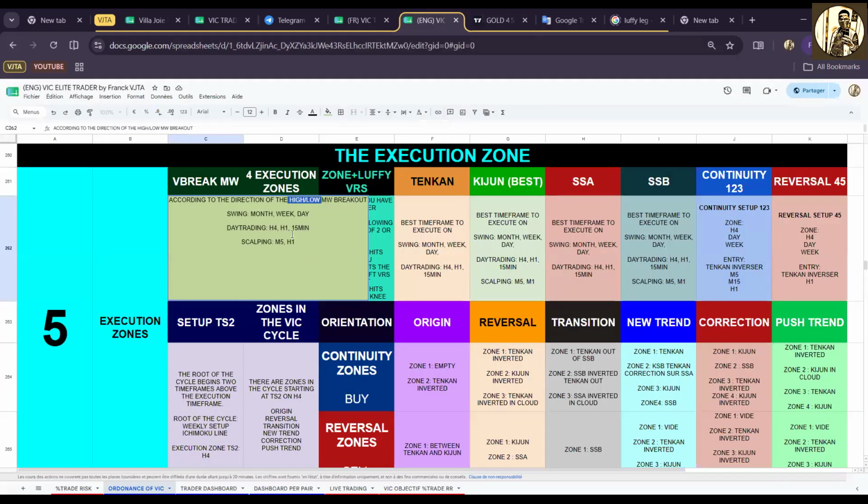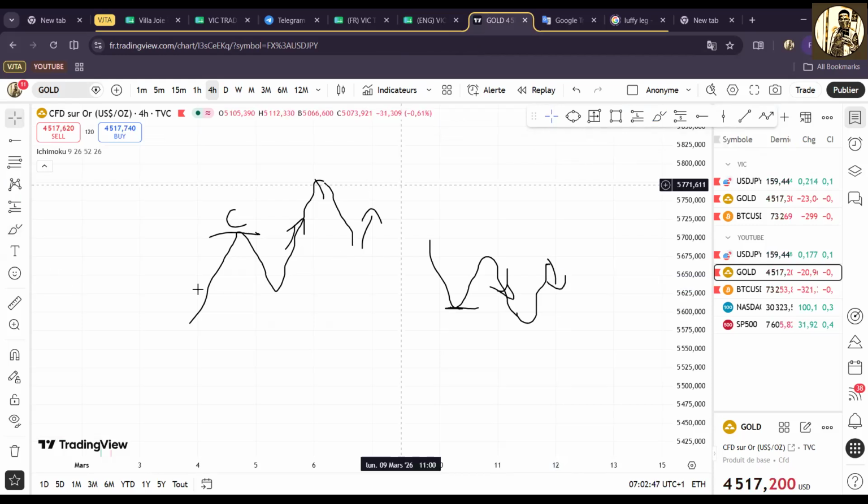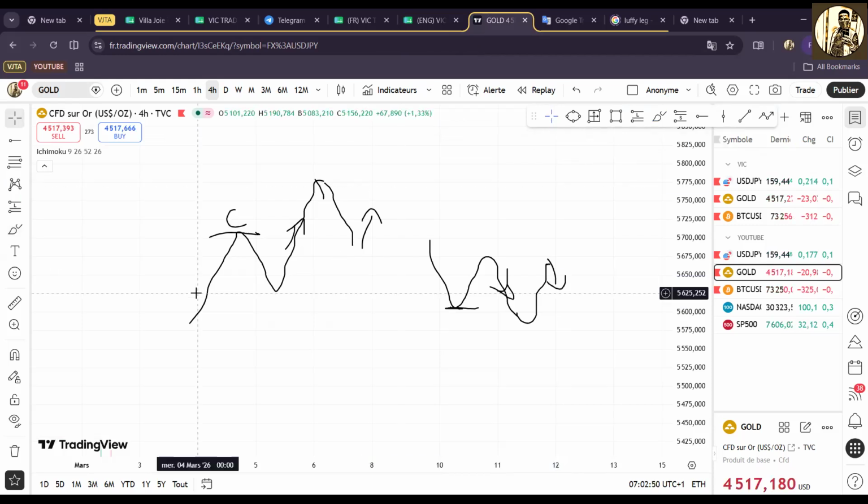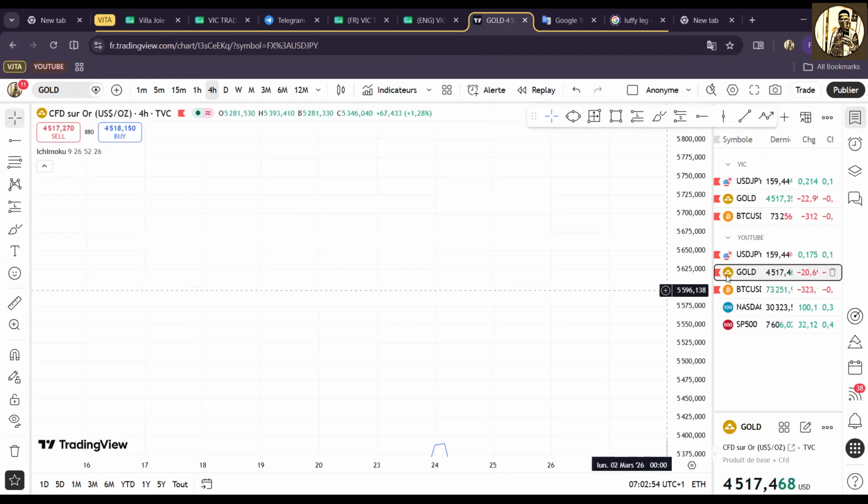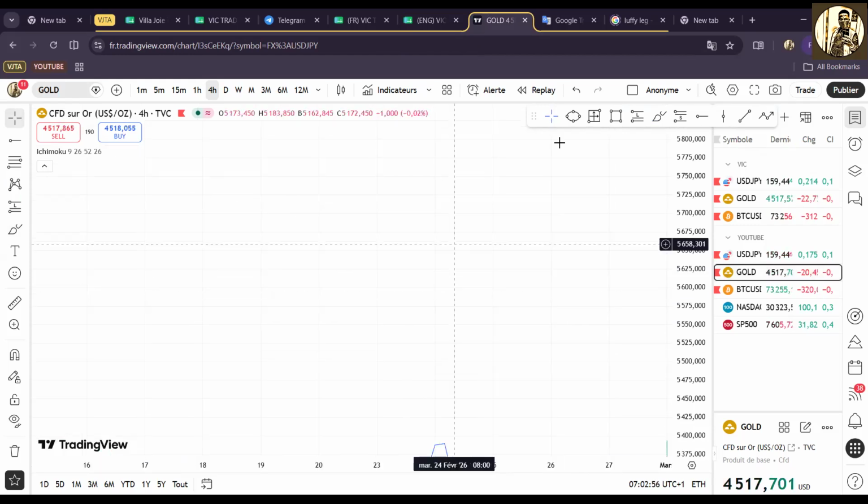So that's it. And this type of movement happens in any type of trading. You know, there is swing trading, day trading, and scalping, right? This type of movement happens in any type of trading.